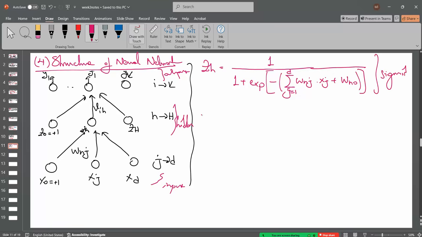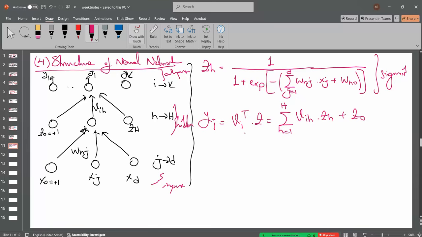And after that, what about the y_i value here? v_i transpose times z, which is equal to the summation over h equal to 1 up to H of v_ih times z_h plus v_i0.